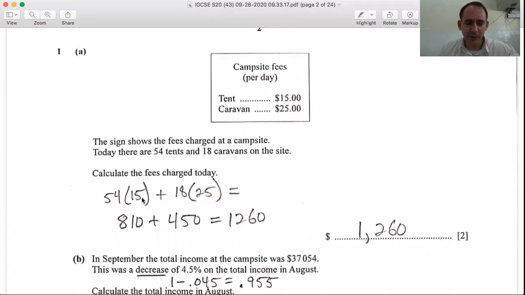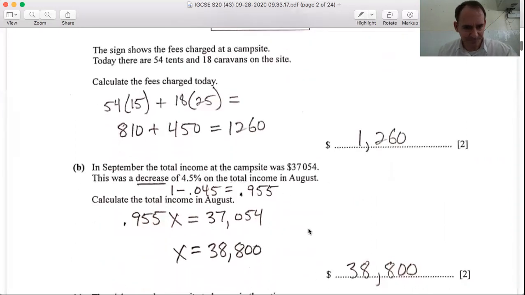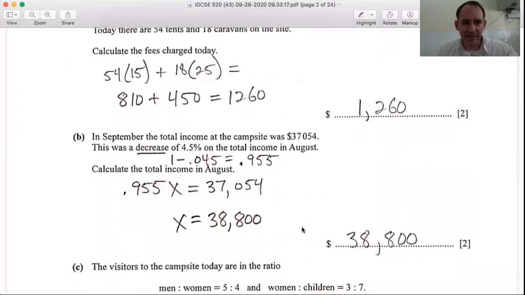So there's 54 that have tents. The tents are $15 plus 18 that have caravans. Caravans are $25. So for the tents, you get 810. For the caravans, you get 450. You add that together and you get $1,260.